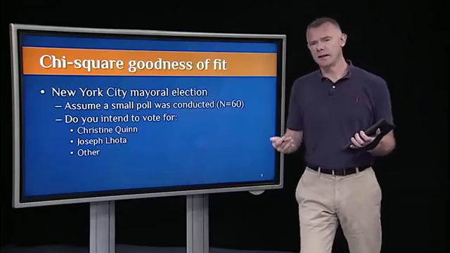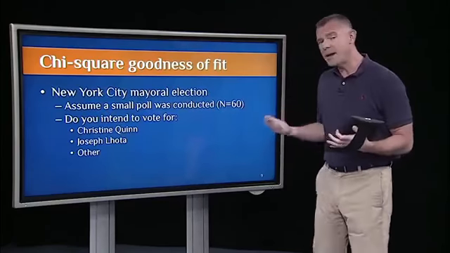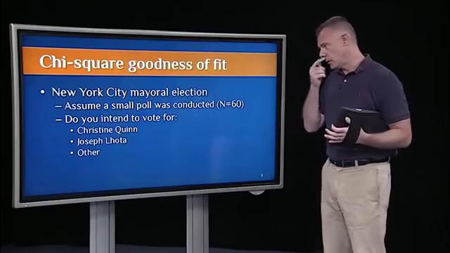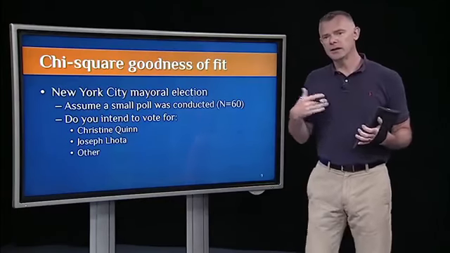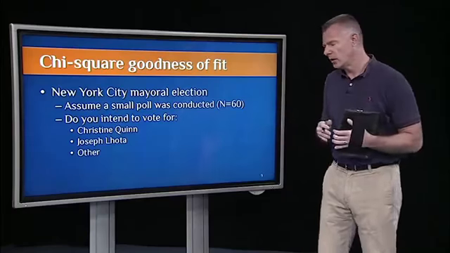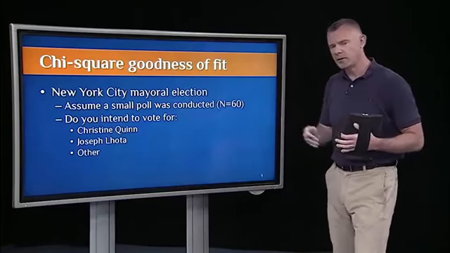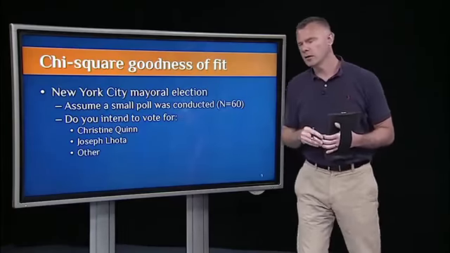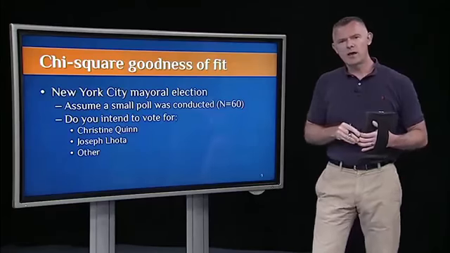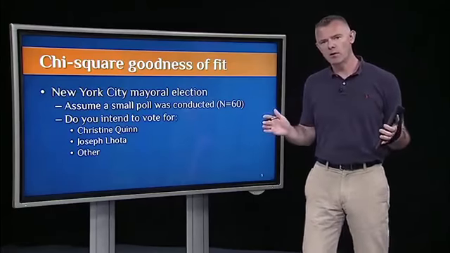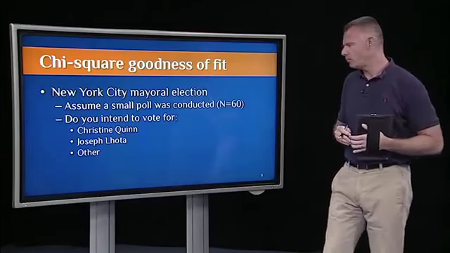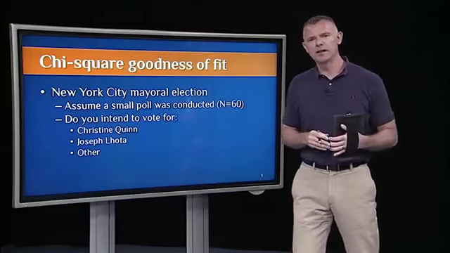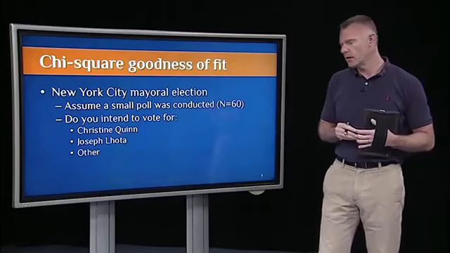So I'm going to use an election example throughout this lecture. I live in New York City, and currently there is an election coming up for a new mayor in New York. Assume I wanted to conduct a very small poll to see how, say, my neighbors intend to vote in this upcoming election.